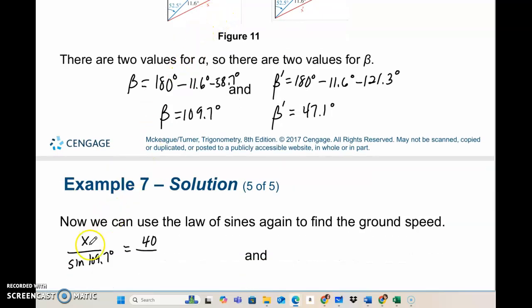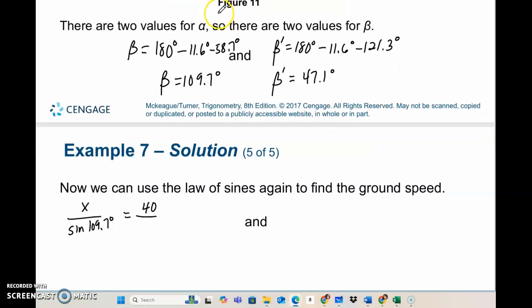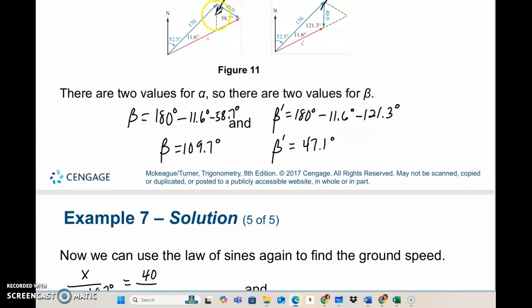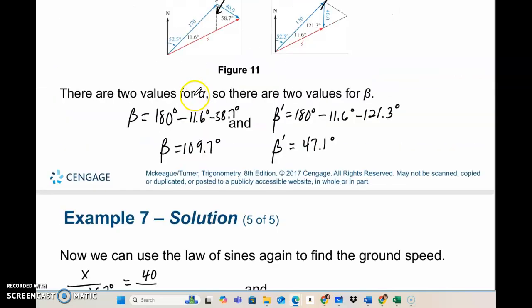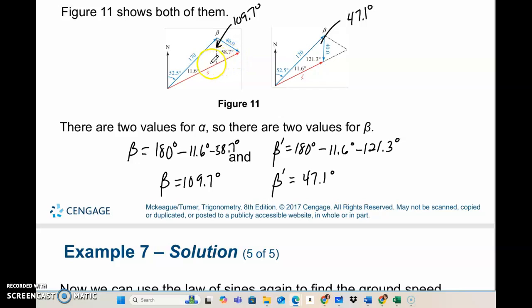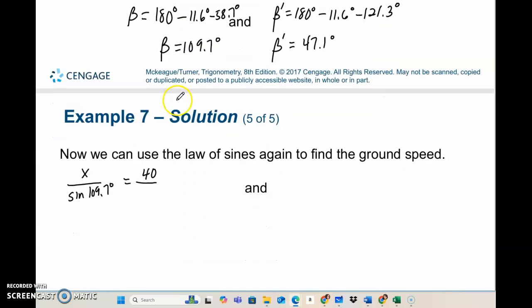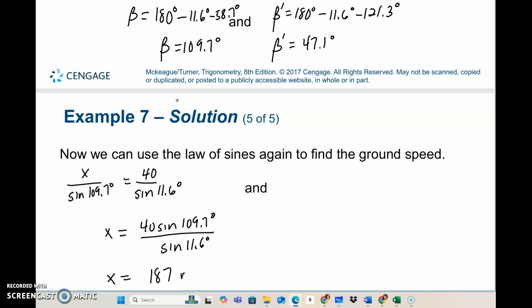And then I'm looking for x, and I'll use the angle across from that, which we found to be 109.7 degrees. Now, could we use the 170 and 58.7? Yes, we could. So the sine of the angle across from the 40 is 11.6 degrees. Solving this means that I'm going to multiply both sides by the sine of 109.7 degrees to isolate the x. I put this on my calculator, and I got 187 miles per hour.